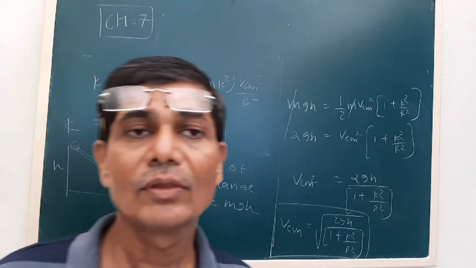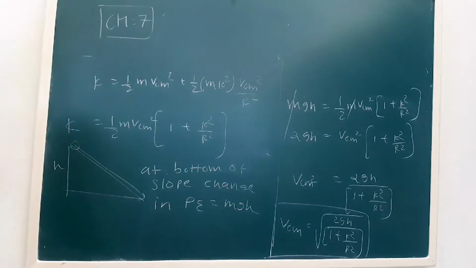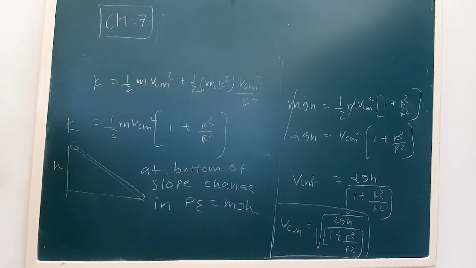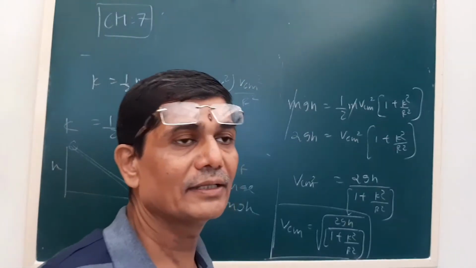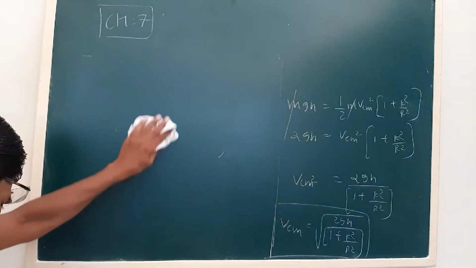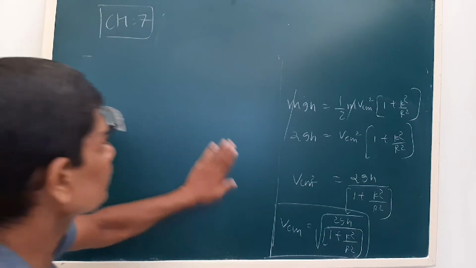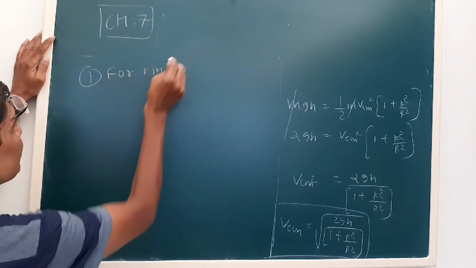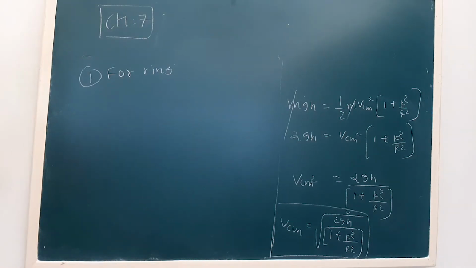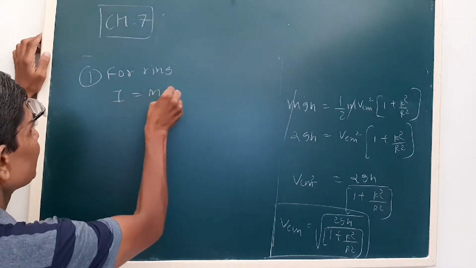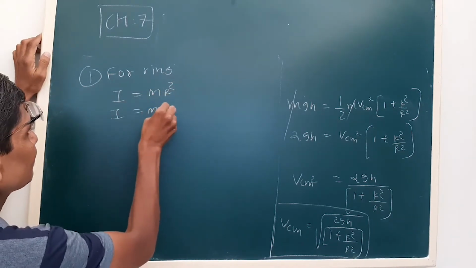Now see, for different objects, we know the radius of gyration k is different. So by using this formula, we can obtain the velocity of the different objects. Now let us see one by one. First, for a ring, I is equal to mr square, and I is equal to mk square.